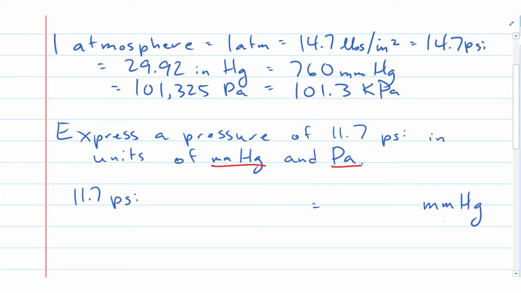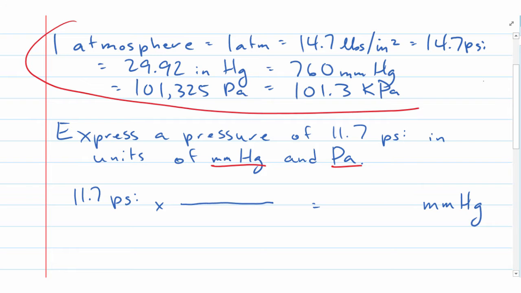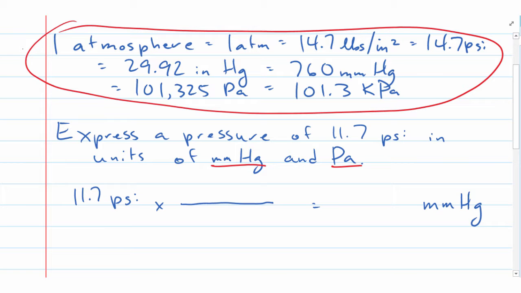Now, in order to convert from PSI, pounds per square inch, to millimeters of mercury, we need a conversion factor. Up here, all of these conversions are equal to each other. Notice their equal sign. And in those, we see that 14.7 psi is equal to 760 millimeters of mercury. So if they're equal to each other, we can use them as a conversion.